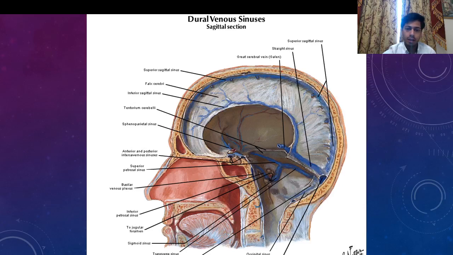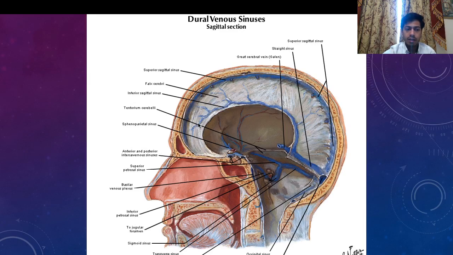And another notable feature is that the cerebral veins lack a muscular wall and valves. So obviously there could be backflow.